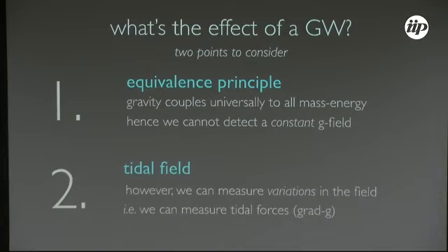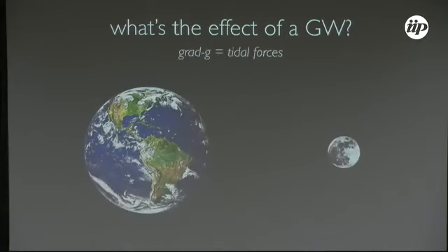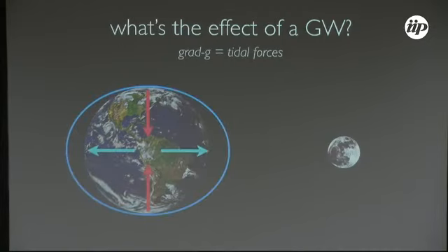So I can say from place to place there's a differential. We can measure the gradient in a gravitational field, and that's what a tidal field is, or what tides are. You should be familiar with tides from, for example, the Earth-Moon system, and you know that because the Moon is pulling the Earth stronger on this side, you get this characteristic strain pattern that causes the actual tides in the ocean to happen.